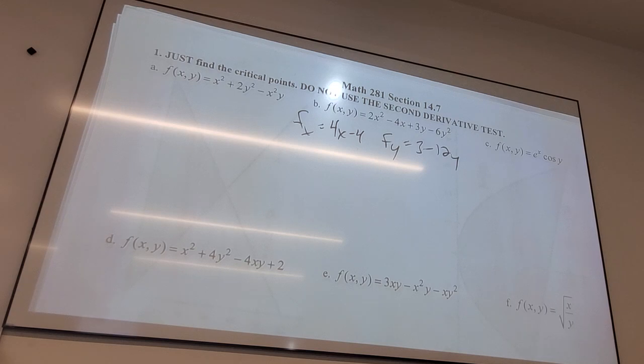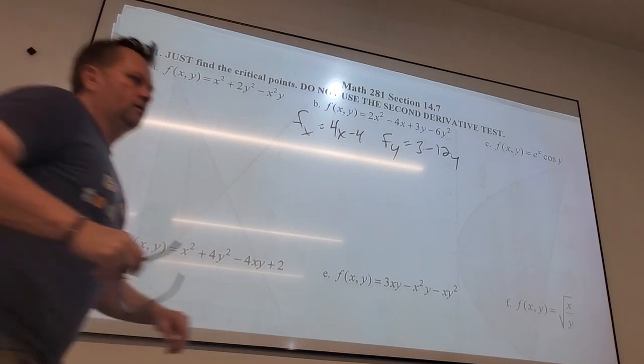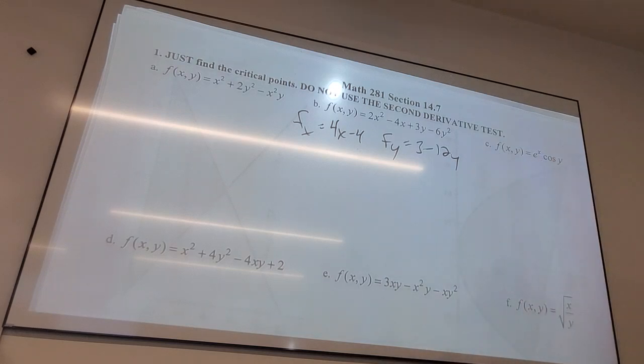The key to remember is both partials must be 0 at the same time. So whatever point you claim is a critical point, better make both partials 0. The funny thing about the undefined part is at least one of them has to be undefined. So we're not hitting an undefined yet. So let's just look at this.